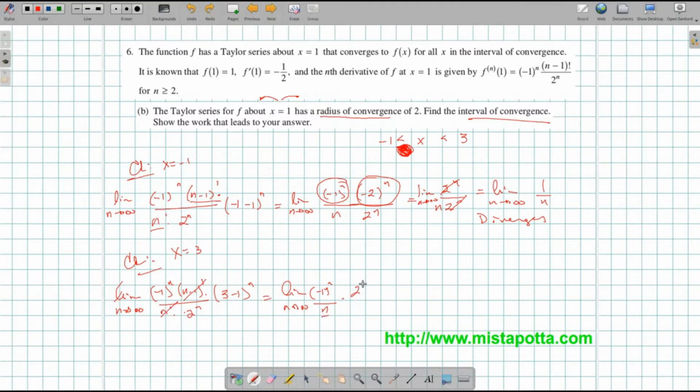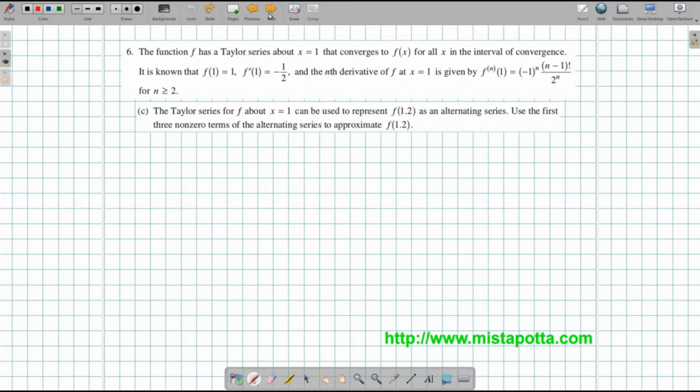And then I've got 2 to the n in the numerator and 2 to the n in the denominator, so I've got the limit as n approaches infinity of negative 1 to the n over n, which is an alternating series test because this is our alternating harmonic. So we actually do have equality here. So our interval of convergence is going to be negative 1 strictly less than x, less than or equal to 3.